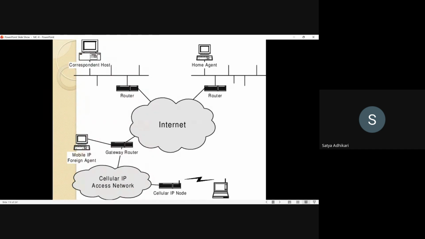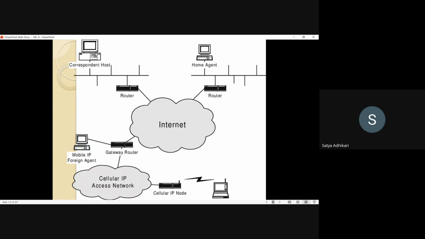The mobile node may belong to the home network or a foreign network. If it is in the home network, there is no problem. Data comes from the corresponding node to the home agent.